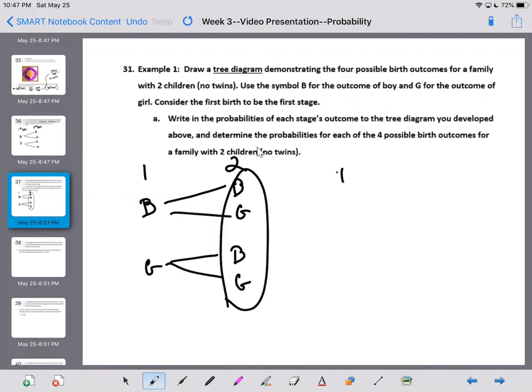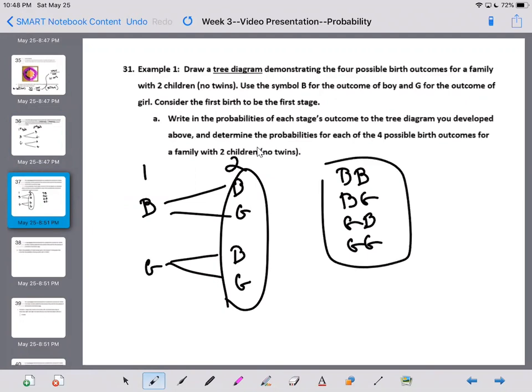We would have boy, boy, we would have boy, girl, we would have girl, boy, we would have girl, girl when we're looking at that. Okay, so looking at the probabilities of each stage, and we looked at the four possible births.